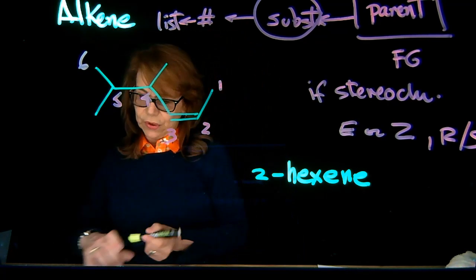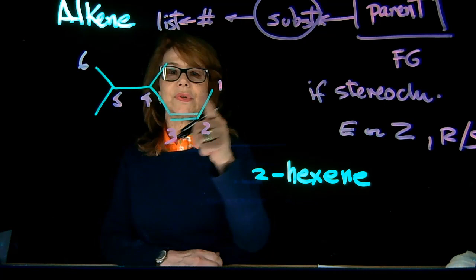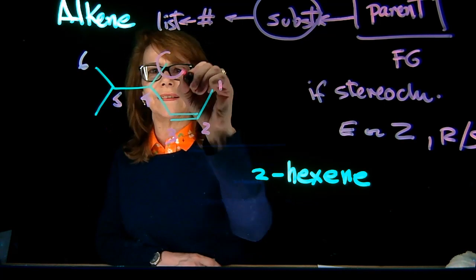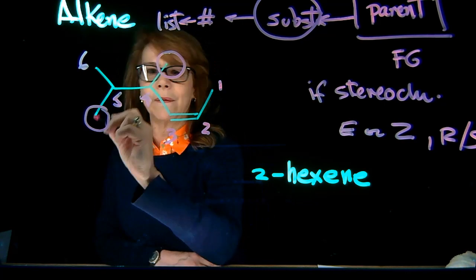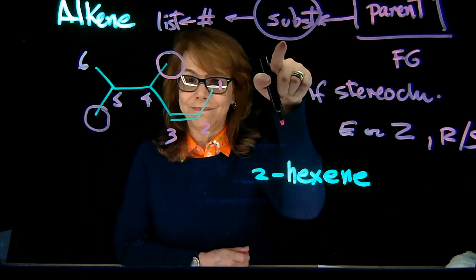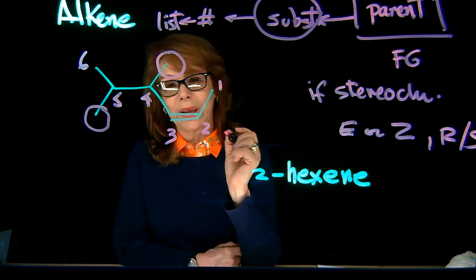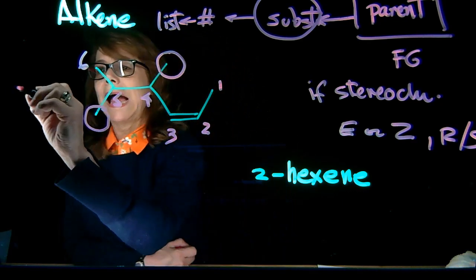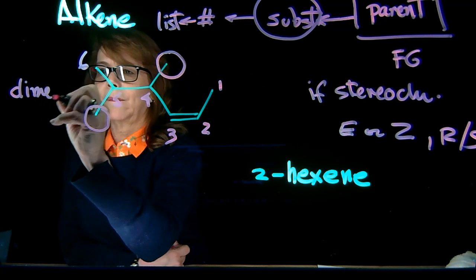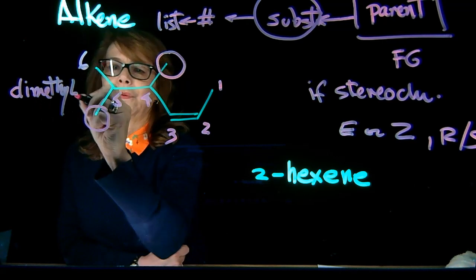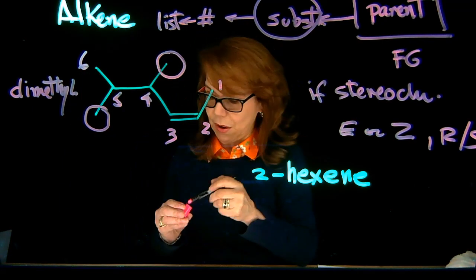Now I'm going to identify the substituents on the main chain. And I see here one methyl and one methyl group. Now I need to say where they are. Since we have two methyls, we're going to say dimethyl. But we need to say where those methyl groups are.